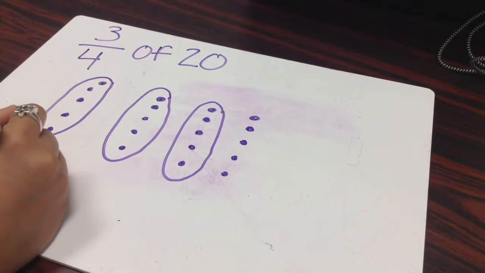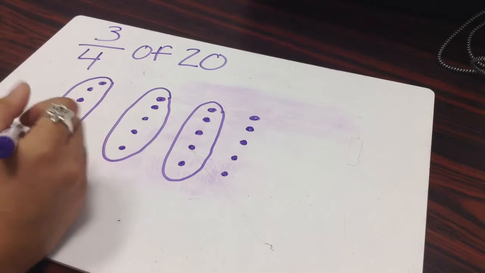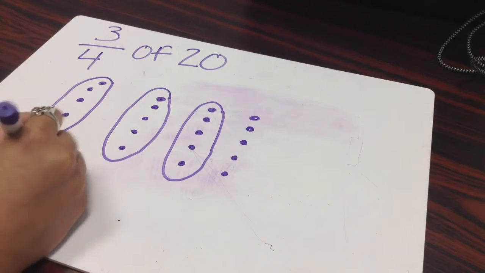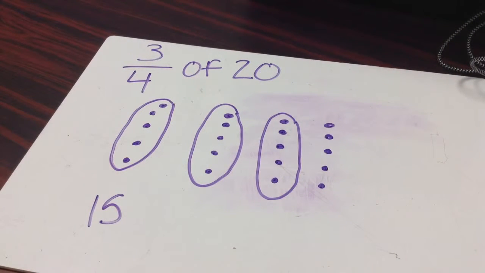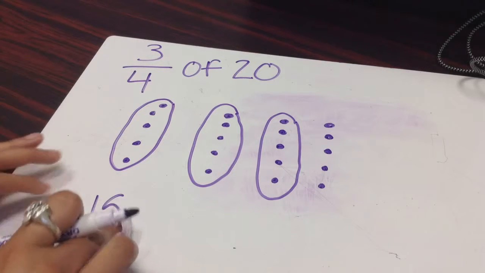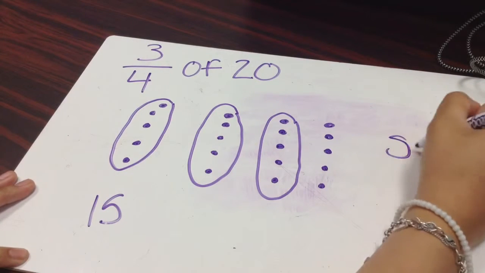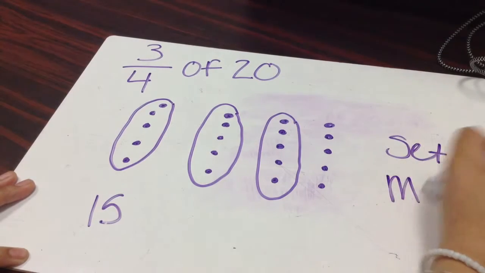So I have 3 groups with 5 in each. That gives us a total of 15 in all 3 groups. And so that would be our 3/4 of the 20. And so I'm going to show you another way. That was our set model. I'll write that right there.